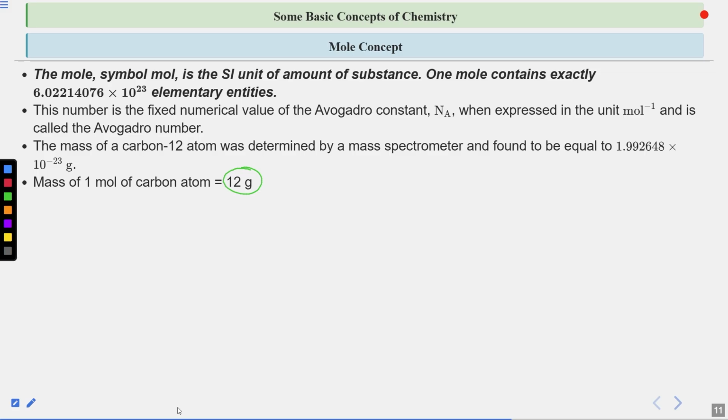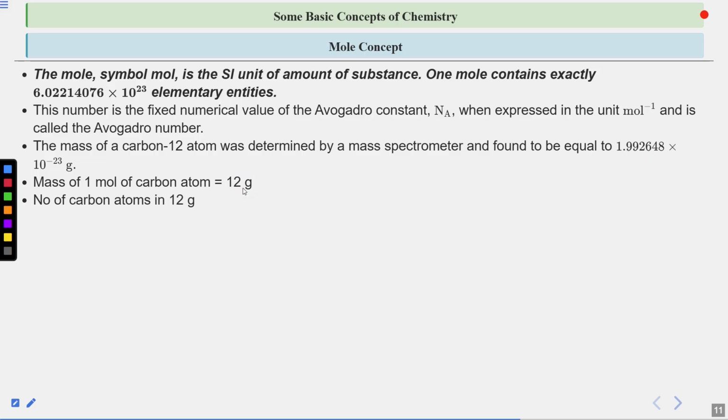And this thing is true for every element. So two things we know. First, that the mass of one carbon atom is 1.992648 into 10 to the power minus 23 gram, and the mass of 1 mole of carbon atoms is 12 gram. Then how will we calculate the number of atoms in 1 mole of carbon?